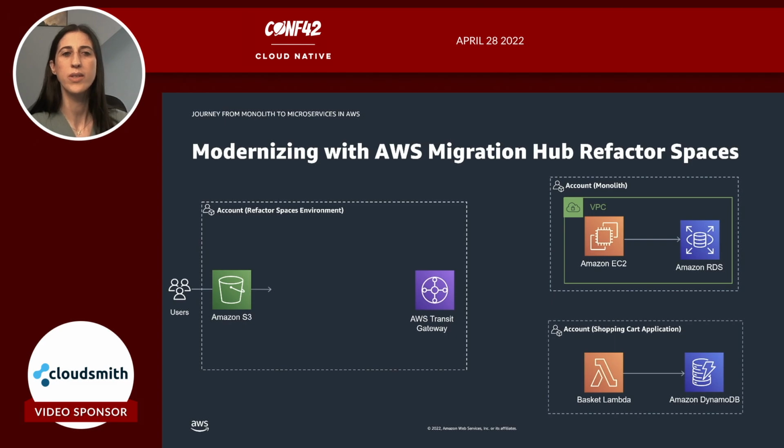Next, we are going to add the other accounts to be used for refactoring to the environment. So in this example, we have two accounts. One is the existing monolith account that's already available. And then the other is for the new microservice. In the real world, you likely have the monolith app first, so you would be adding that account first.